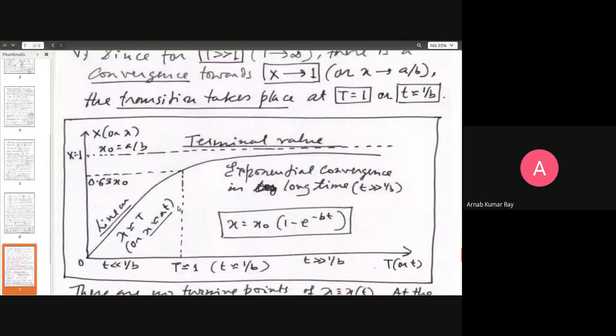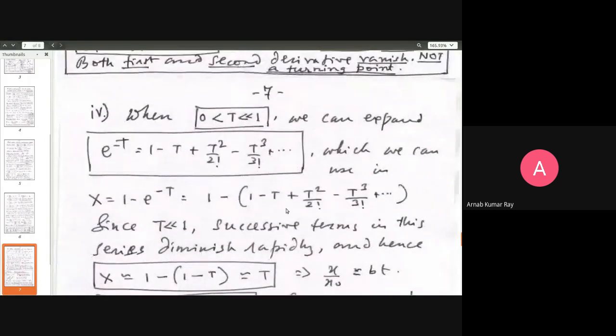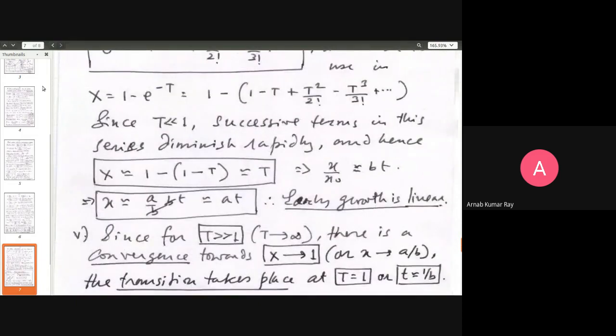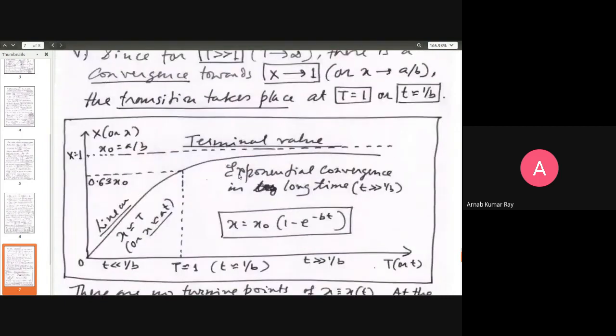Beyond t equal to 1, this approximation will not hold, because then the higher powers of t can't be neglected, right? Therefore, this thing will go to this fixed terminal value.